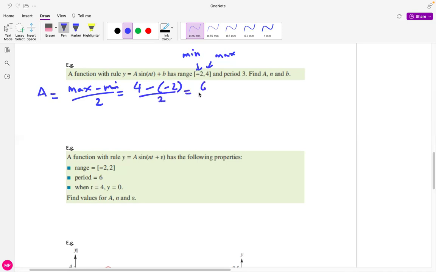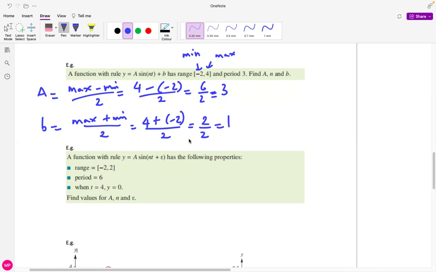So it's 6 divided by 2 equals 3. That's the amplitude, 3. And then to find B, B is maximum plus minimum divided by 2. So 4 plus -2 divided by 2. So 2 divided by 2 gives you 1.